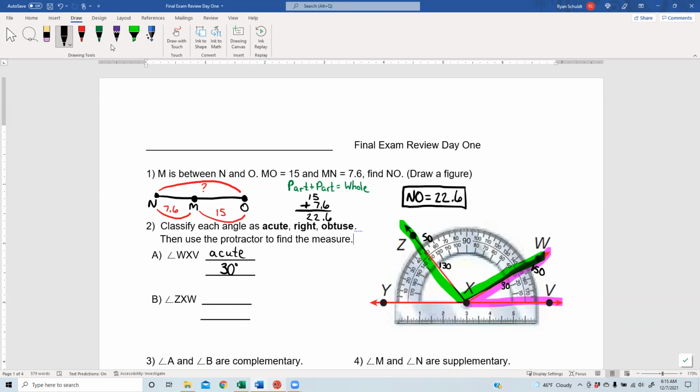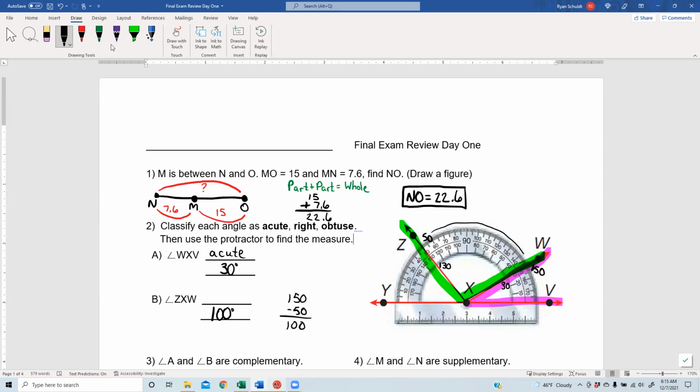But now this angle's tilted up in the air. So I have to subtract either the inner two numbers or the outer two numbers. I'm going to subtract the outer two. It doesn't matter which two I pick. I'm going to do 150 minus 50. That gets me 100. So my angle is 100 degrees.